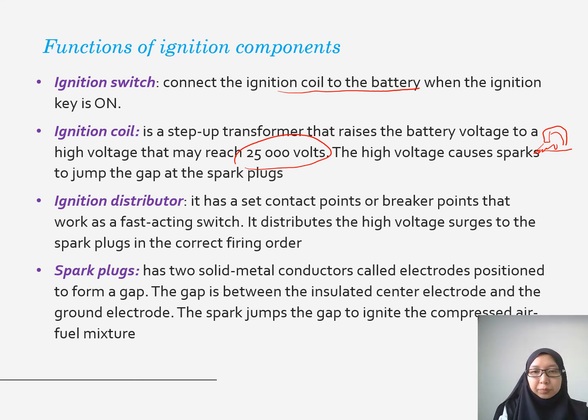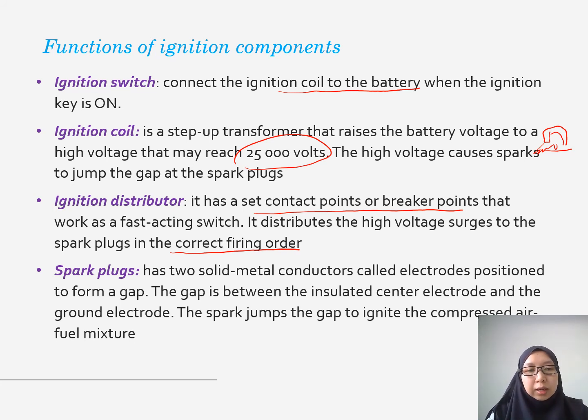Then we have the ignition distributor, which has the contact point or breaker point that works as a fast-acting switch. Like I mentioned, if we have 4 cylinders, we have 4 spark plugs, and this distributor makes sure the spark plugs are ignited according to the firing order.